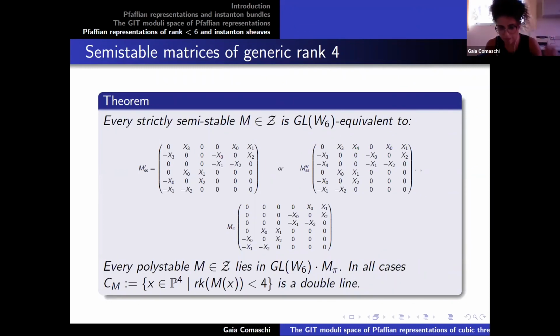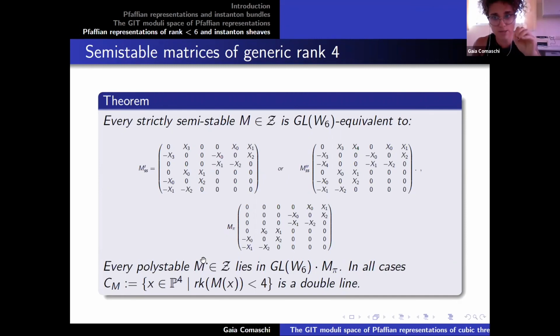Again, we try to see what happens if we want to understand which are the strictly semi-stable points in the locus Z, and we can classify all of them. Once again, we have just three types of strictly semi-stable orbits, and we have a situation that is completely equivalent to the one of Pfaffian representations.